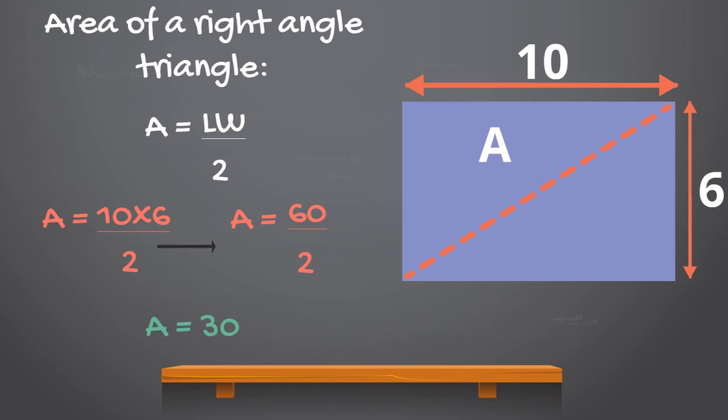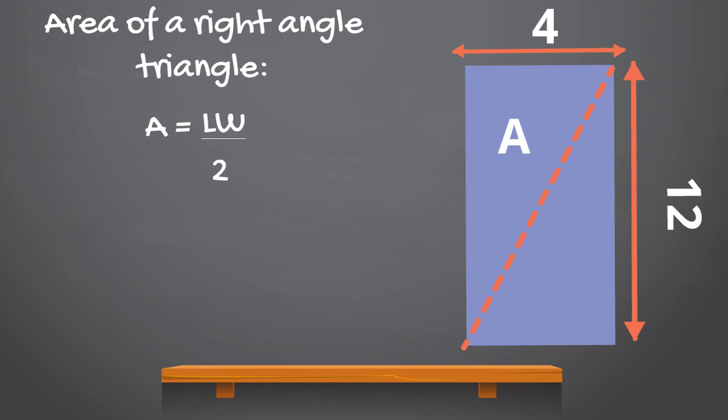Let's try one last one before you go off and practice this by yourself. Here's a new shape. This shape has got the length of 4, the width of 12, and we're looking for the area of the right angle triangle A. Pause the video and give it a try. So here's what you should have got.